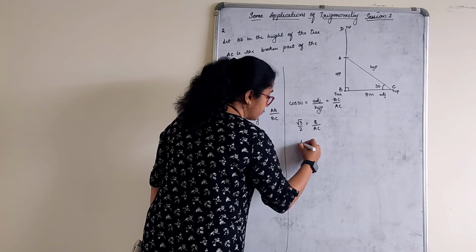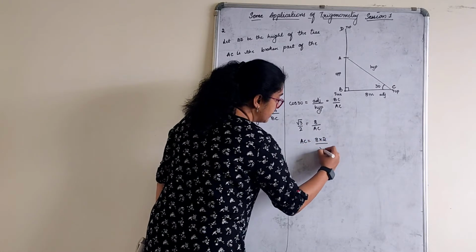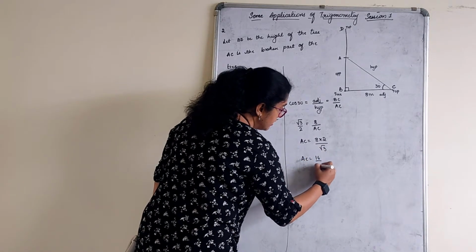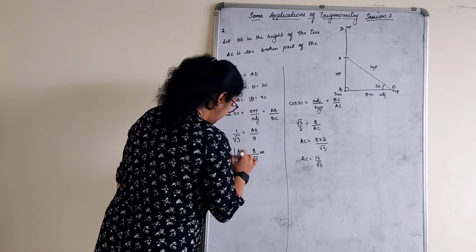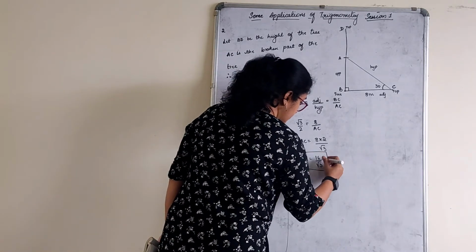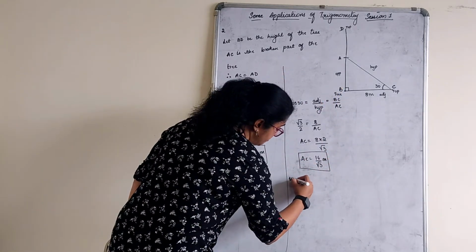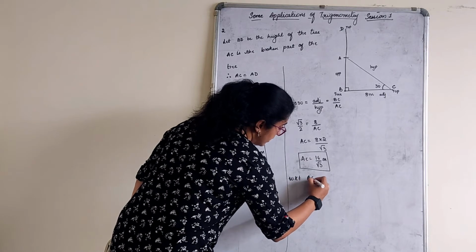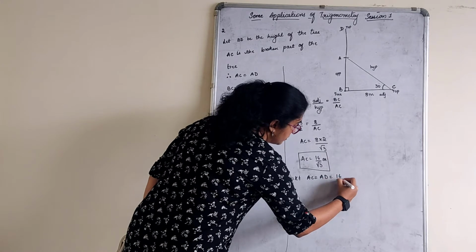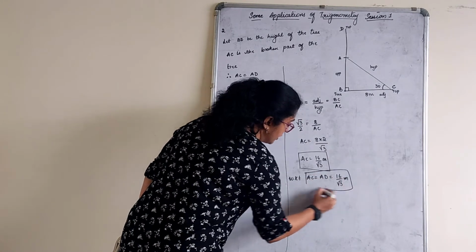AC is equal to 8 into 2 divided by root 3. AC is equal to 16 by root 3 meter. We know that AC is equal to AD. That is equal to 16 by root 3 meter. Why? We have already written that it is the broken part of the tree.